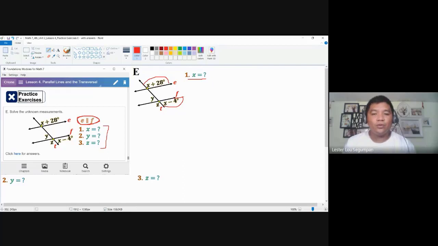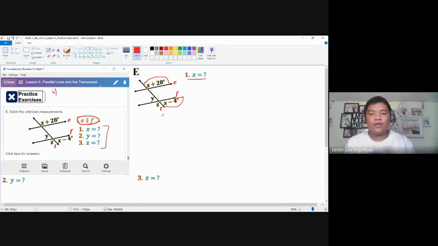So we are going to look at an equation that could include the measurement of this angle and angle here. To do that, we need to first identify the type of angle pair formed by these two angles. So we have 5 pairs of angles formed by a transversal. We have corresponding angles, alternate interior angles, alternate exterior angles, same side interior, and same side exterior angles.